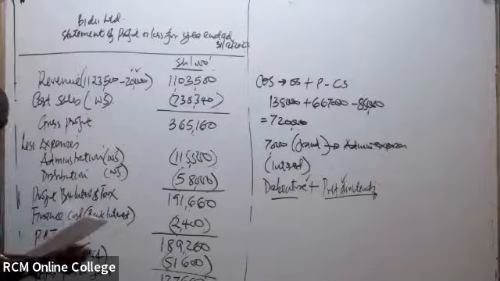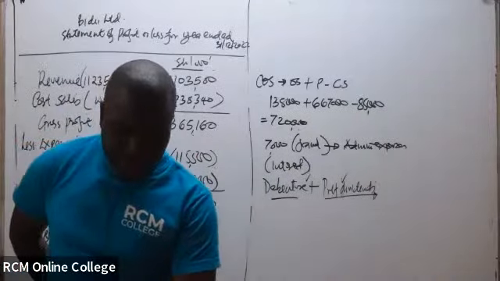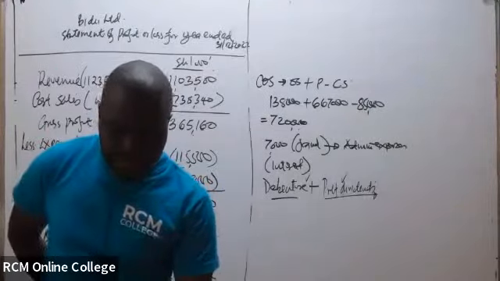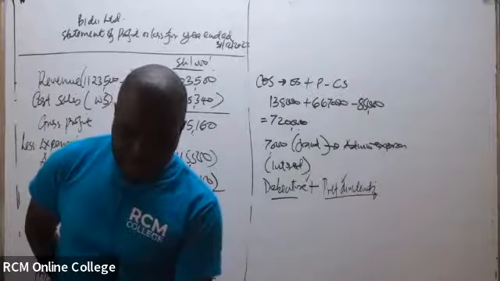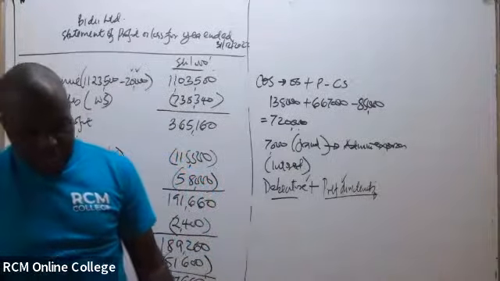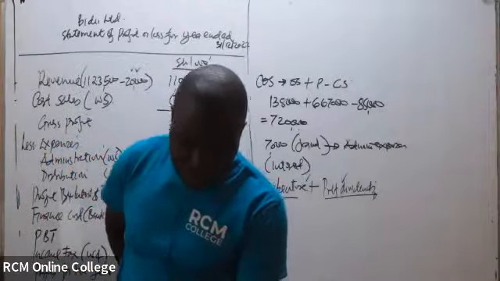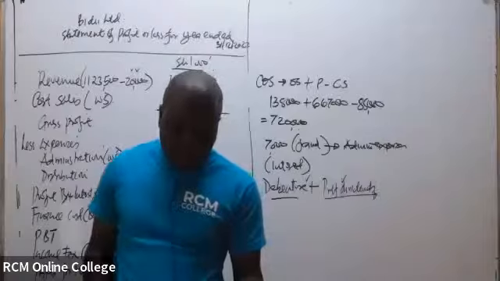Then the next item they want us to prepare is the statement of changes in equity. Ideally, we'll be looking at how the equity elements or items are changing.